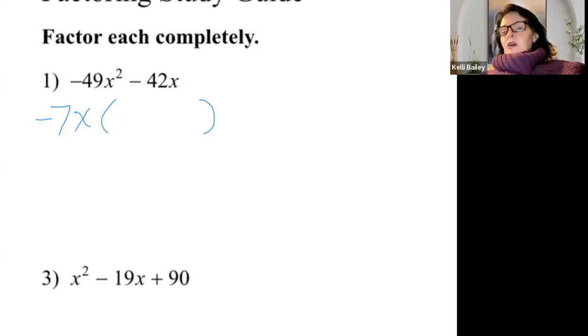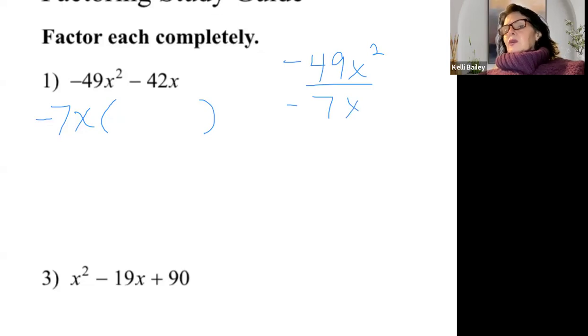All right, now what I want to do to see what goes inside this binomial is I'm going to say, okay, I've got negative 49x squared divided by negative 7x. Okay, so negative divided by negative, that's going to be a positive. 49 divided by 7 is going to give me 7.